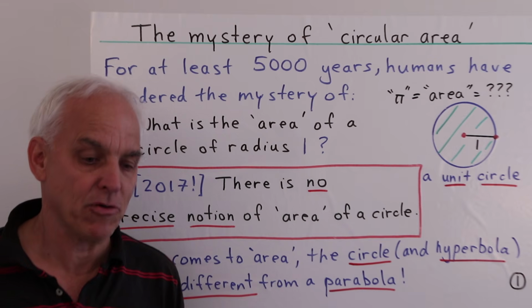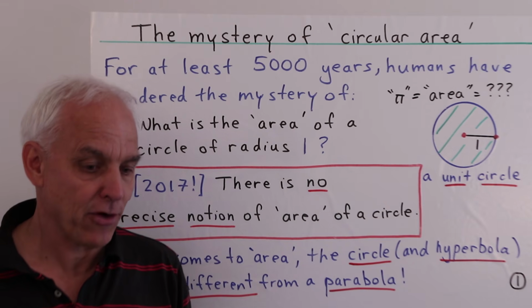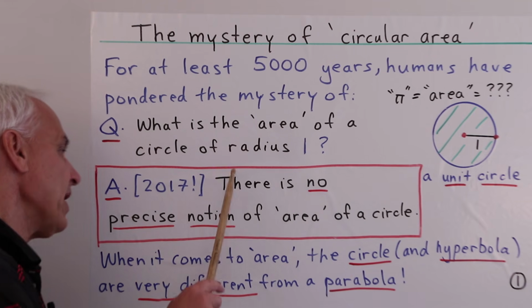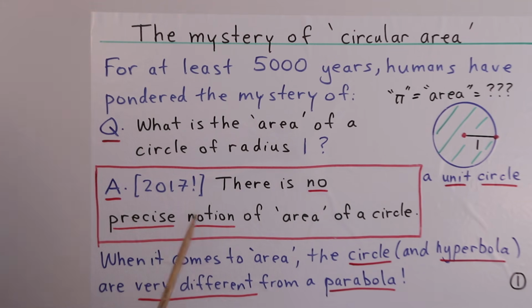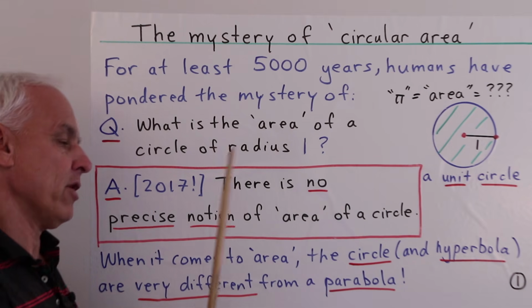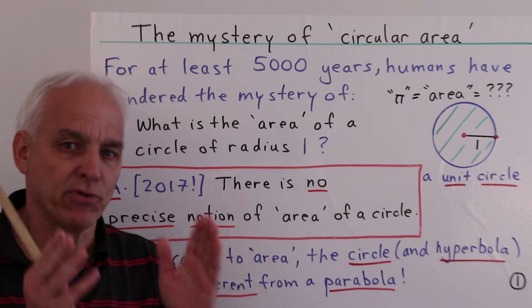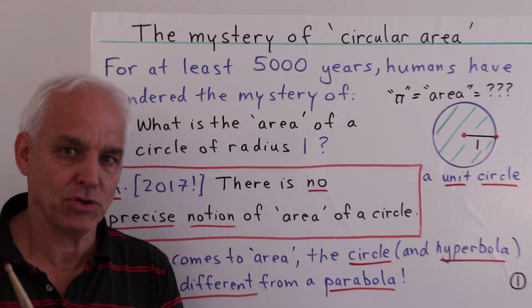Highly non-standard, but logically very good approach. My answer is that there is no precise notion of the area of a circle. That notion is not a precise mathematical notion.